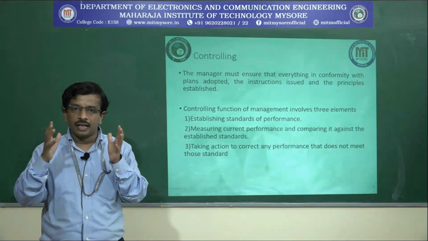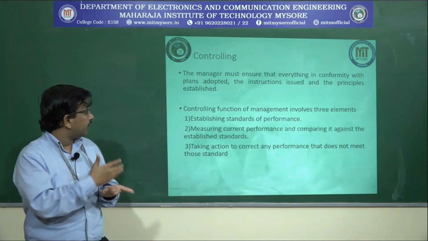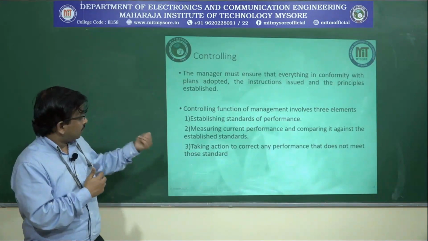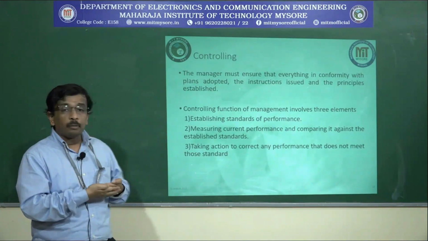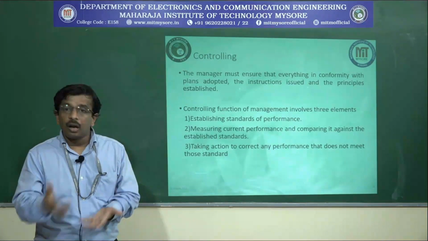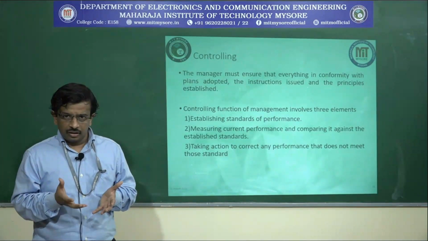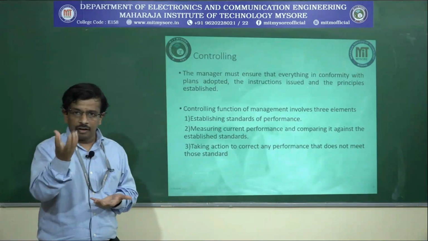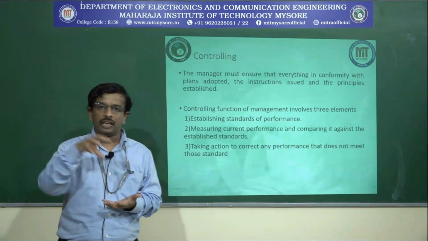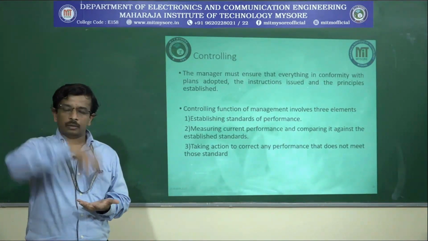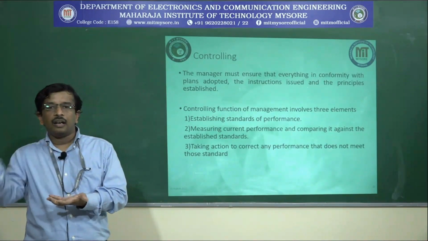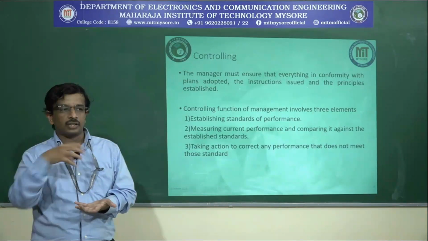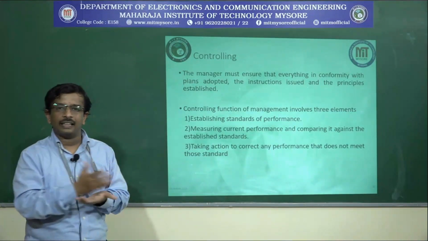Once something is set as a performance standard, it needs to be monitored, that is, the performance has to be measured and compared against the established standard. For example, we measure 1 kg of rice. First a standard weight is fixed as 1 kg, and then whenever the measurement is done, it is done against that standard, and a bit of addition or deletion is done in order to make it exactly 1 kg.